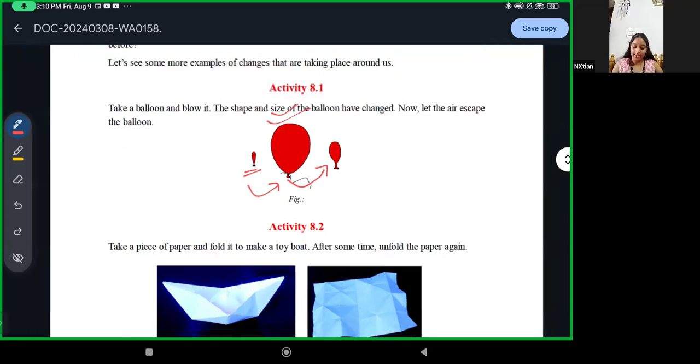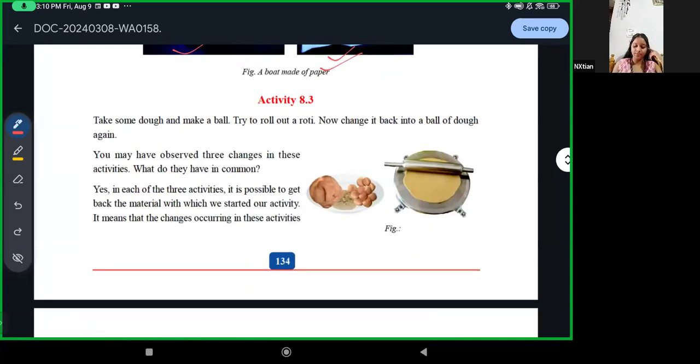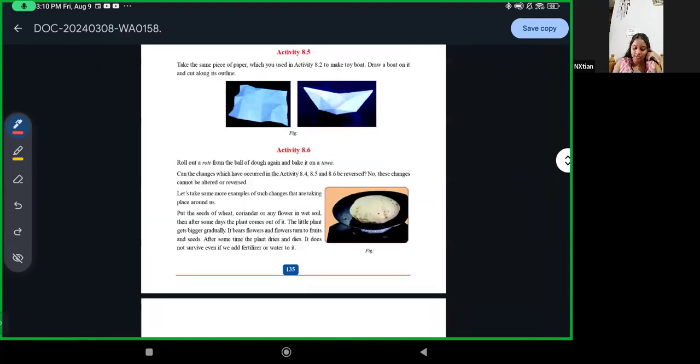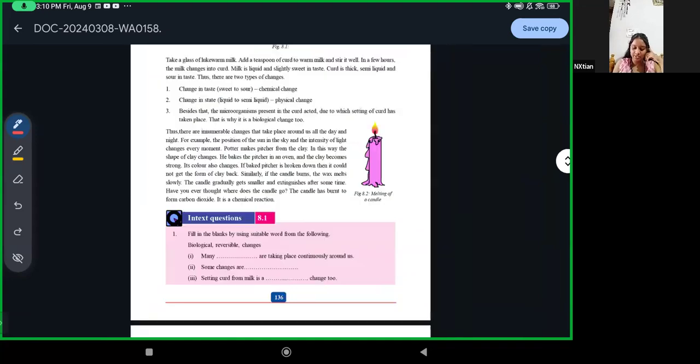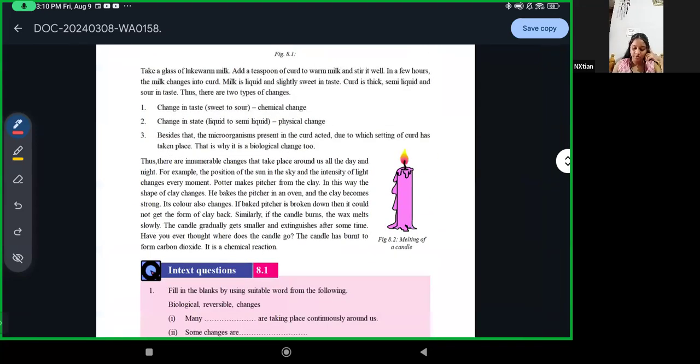If you make a boat out of a plain paper, its form has changed. When you open the paper, it will be like this in shape. So like this, many changes take place around us. These are all activities you can try out to check the changes.